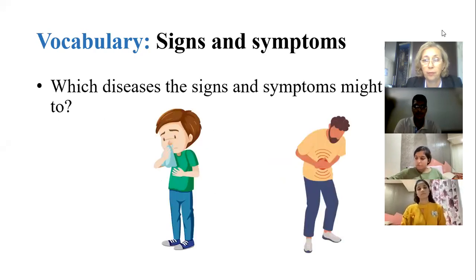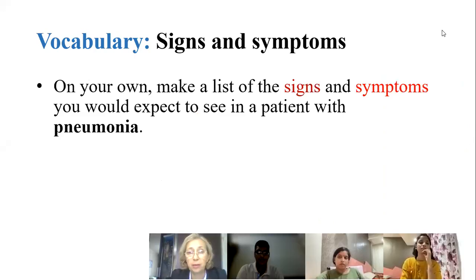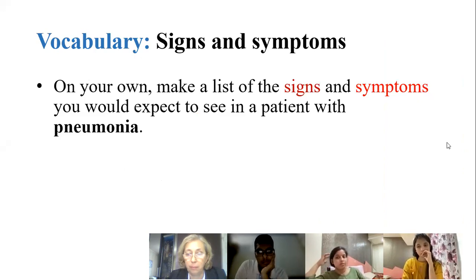Now let us think of the symptoms and signs which are associated with pneumonia, which you would expect to see in a patient with pneumonia. What kind of symptoms? Wheezing, coughing, having fever, pain in the head, tightness in the chest, breathlessness.